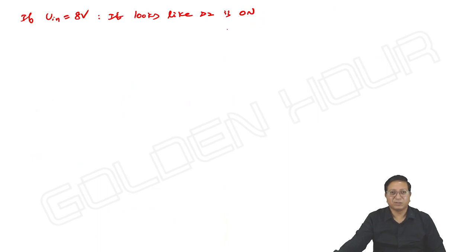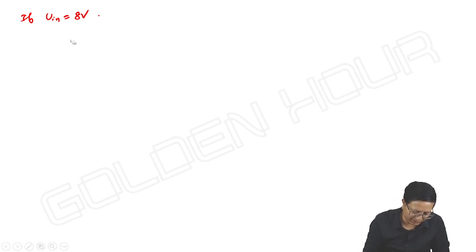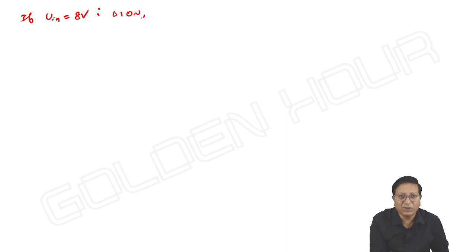It looks like D2 is on and you can calculate ID2. Anyway, I'm just changing the procedure. Instead of that, as I mentioned D2 is off, let us calculate. I want to check whether I'm right or not. So here what happens? D1 is on and D2 is off.